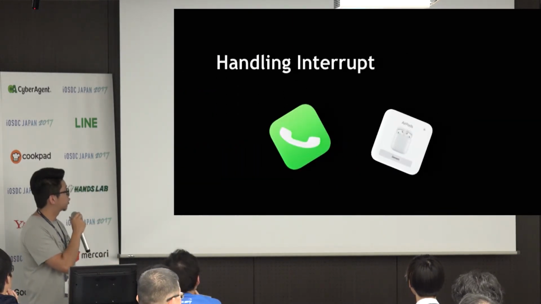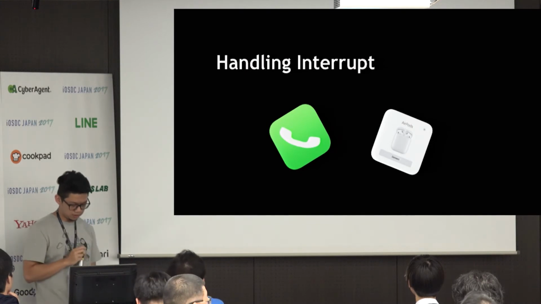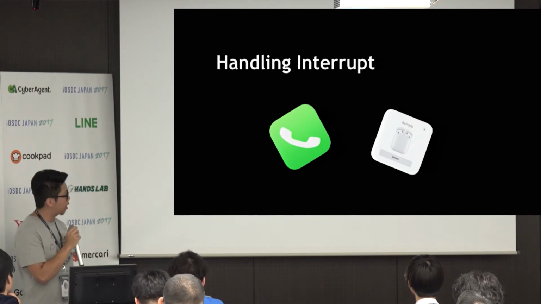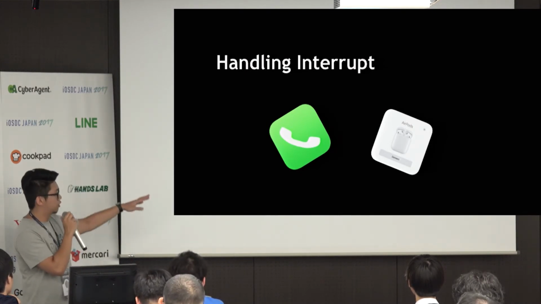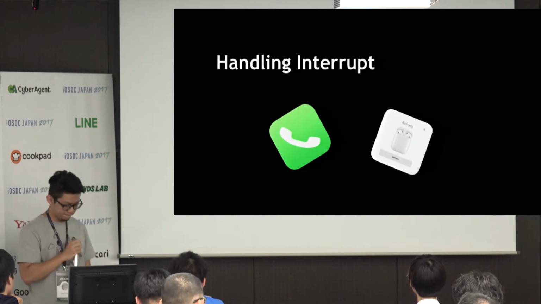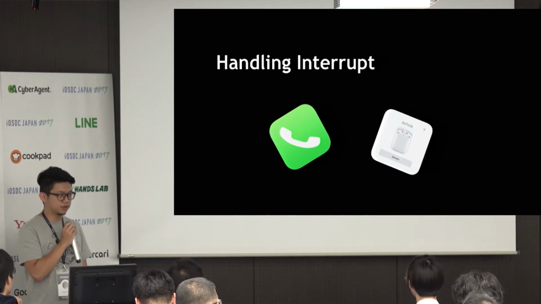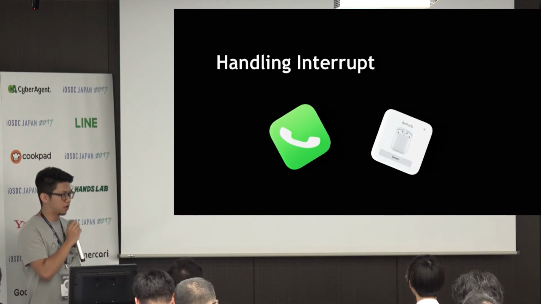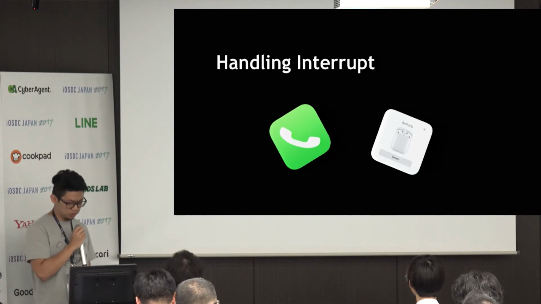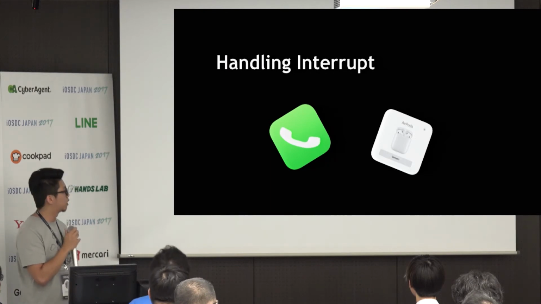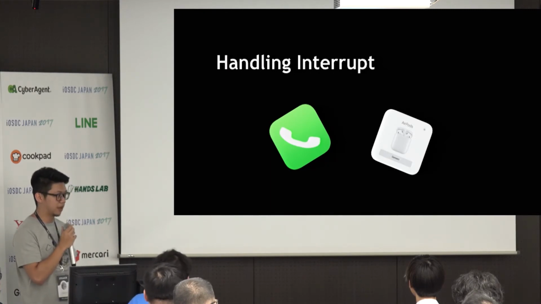The third issue is handling interrupts. There are 2 system interrupts that you should care about: the phone call interrupt and the route change event. Because we are developing a music player, you must handle the phone call interrupt, or otherwise you will listen to music and talk on the phone at the same time.